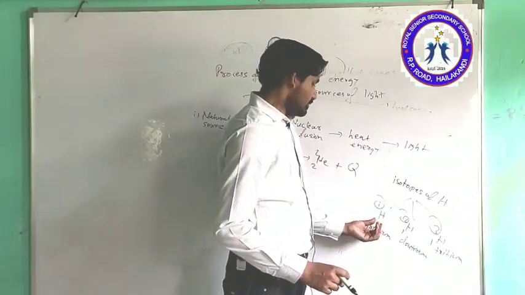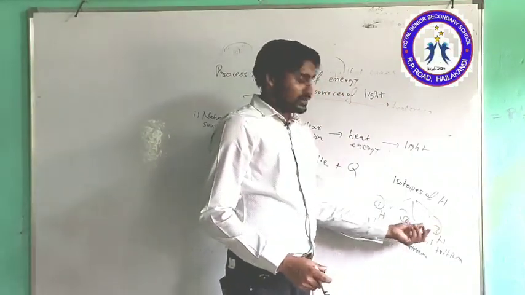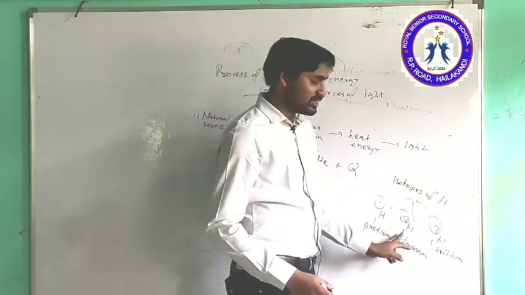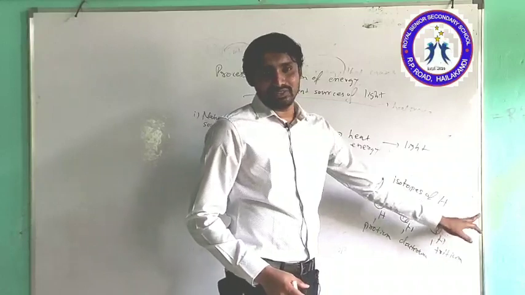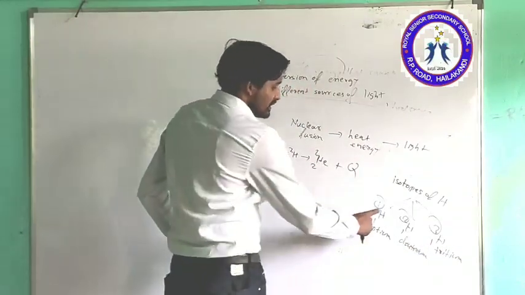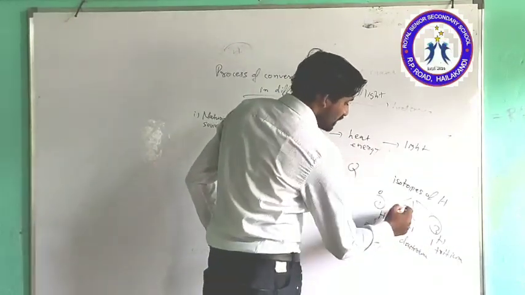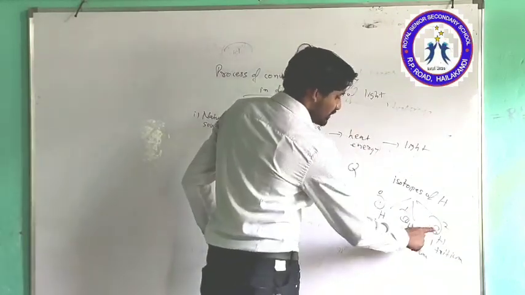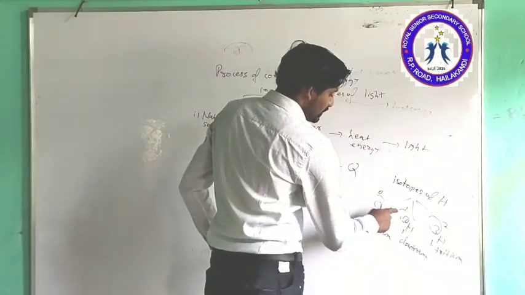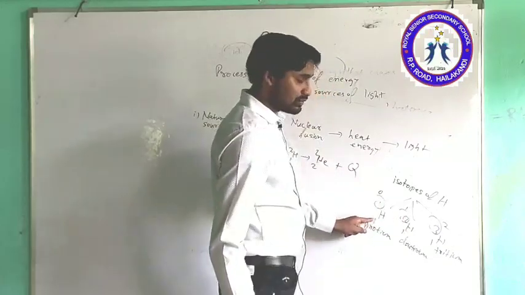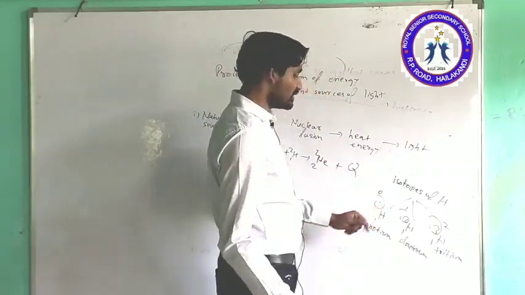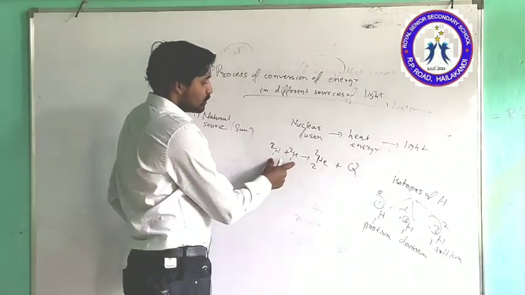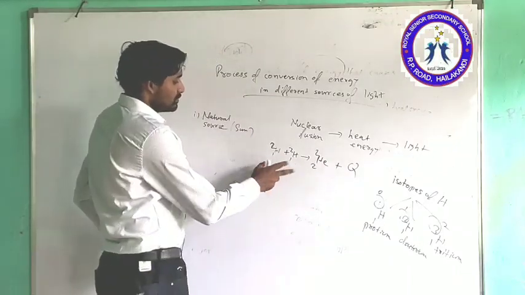Another way: these are atoms of the same element having the same number of protons. In all the cases the number of protons and number of electrons are the same, but the number of neutrons is different. Here 0 neutrons, here 1 neutron, and 2 neutrons. I've considered the deuterium isotope of the hydrogen atom.